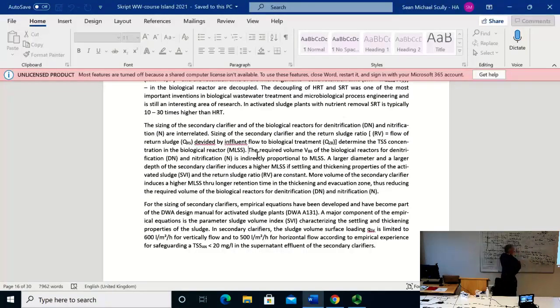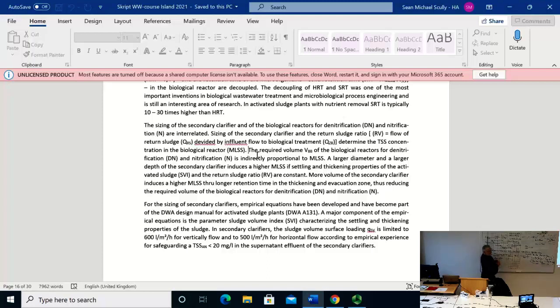And now another thing is, if I increase this ratio of my return sludge, then of course this is also going down, and I need a bigger reactor. Right? Or if I have a lower scraper, if I change from broom to suction scrapers, I will also have this number lower, and I need a bigger reactor.